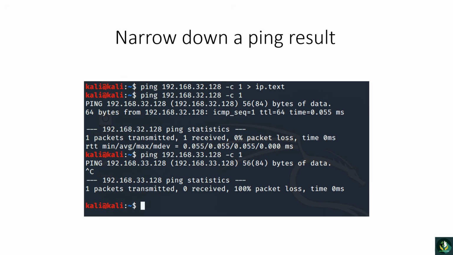If we ping an invalid IP address, there is no response from the address, and the difference is, as you can see in here, when we get the response back, it will show 64 bytes from the valid IP address, and vice versa. And later, if we are doing a sweep of the network, then we will be able to narrow down the result.